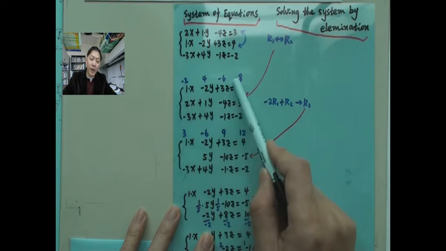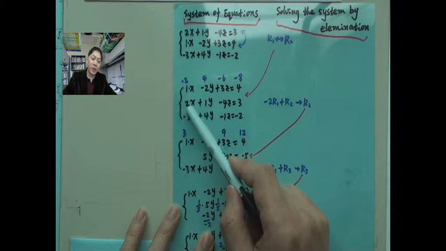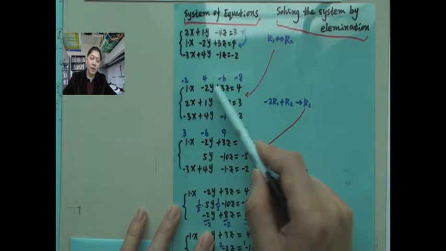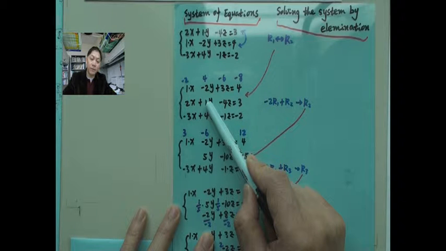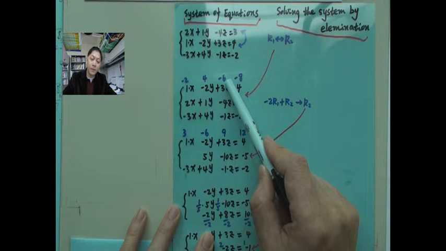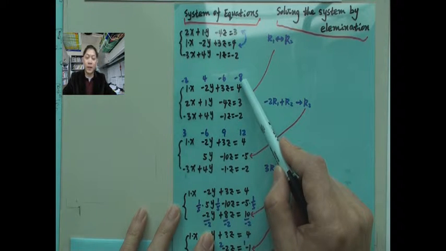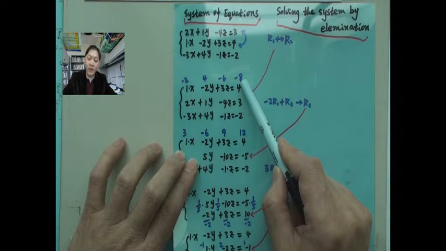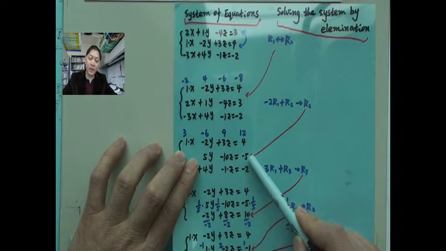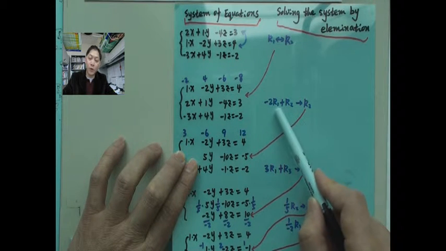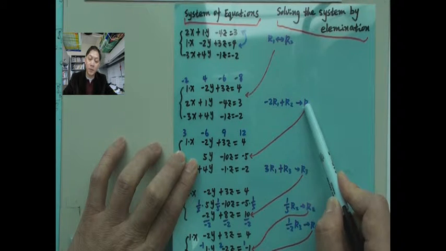Now I use this one to add on the second one. What do I get? Negative 2x and positive 2x cancel each other. Then 4 plus 1 is 5. Negative 6 plus negative 4 is negative 10. Negative 8 plus 3 is negative 5. So basically it's row 1 times negative 2 added on row 2, giving the new row 2.